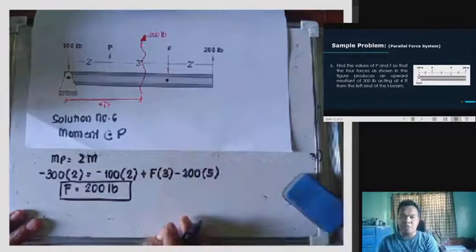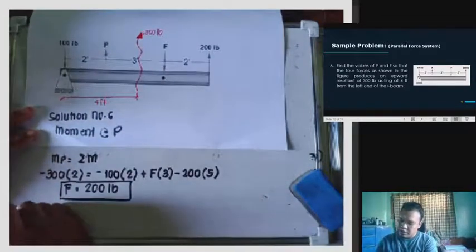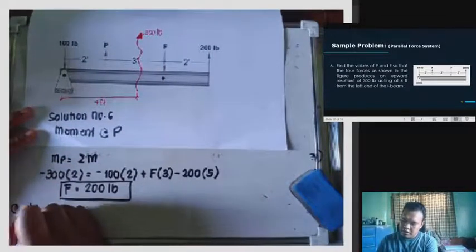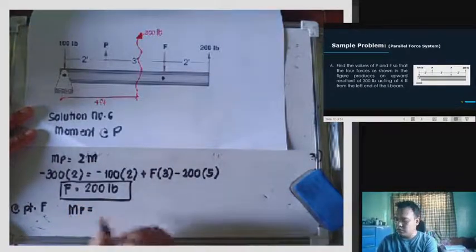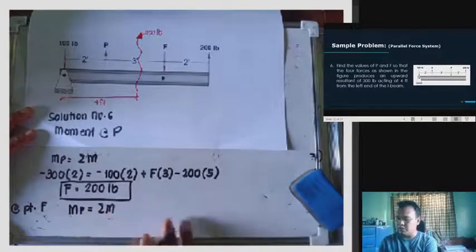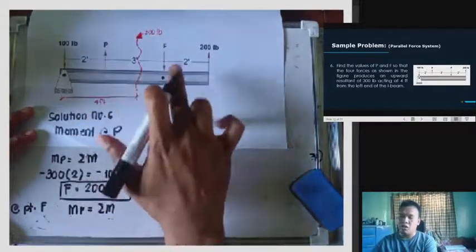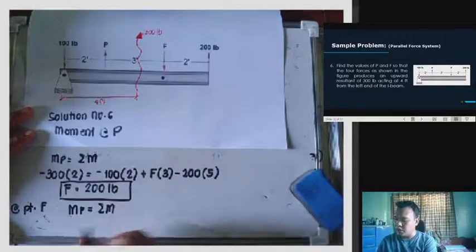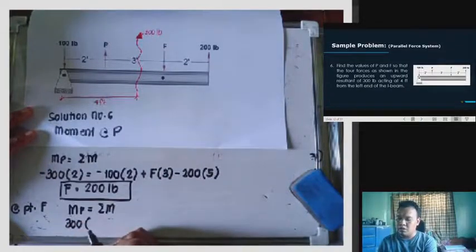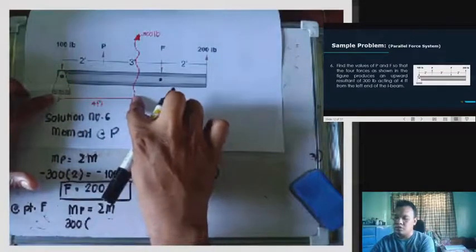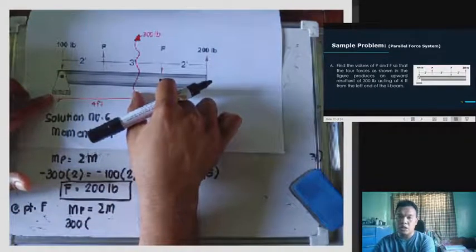So let's moment at F, at point F. So at point F, we have here moment at F is equivalent to summation of moment ulit, no? So kung moment ako kay F, habang ito ay ang galaw niya ay clockwise, positive tayo. So we have here 300 multiplied by the perpendicular distance. So meron akong natitirang 1, tama?